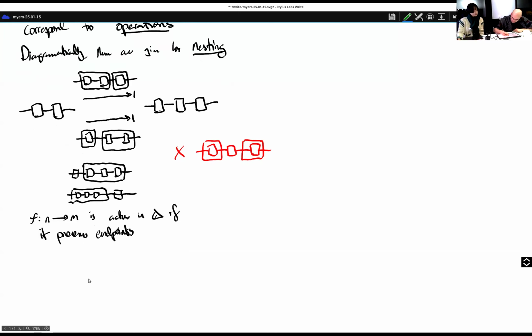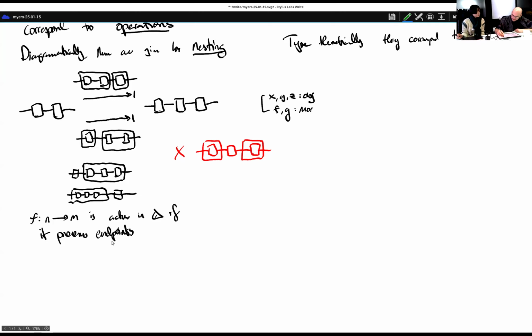Okay, so diagrammatically they're nesting. Type theoretically they correspond to terms. So as an example of this, maybe I'll write these out. Should I write these out? Yeah. So in here, I have to write out, let's say, X, Y, Z of type object, and F and G of type morphism.